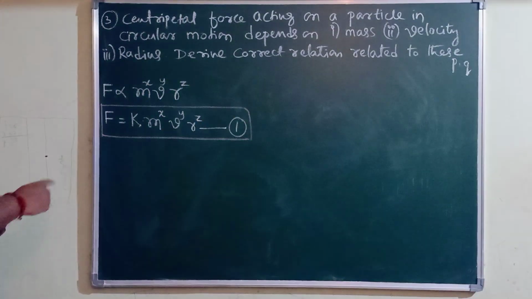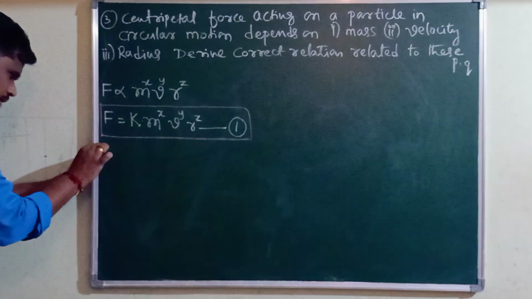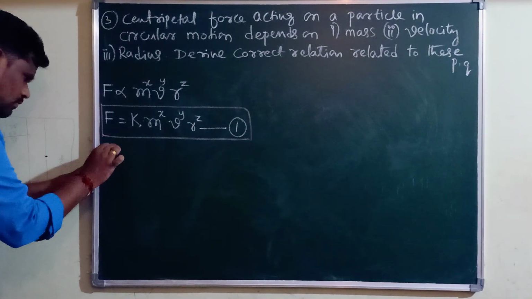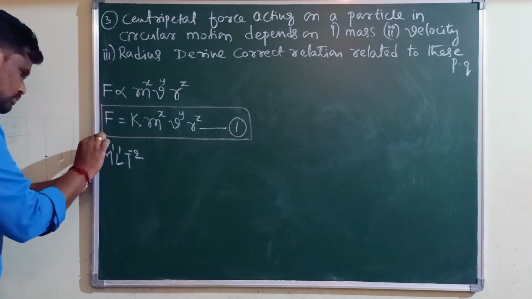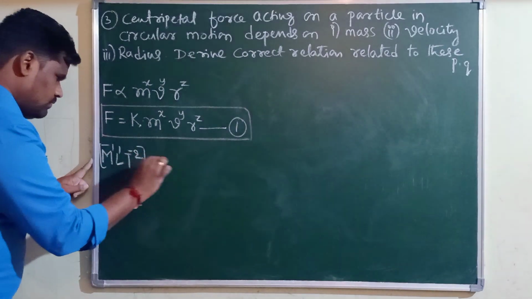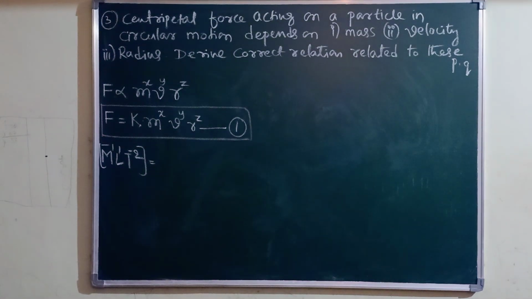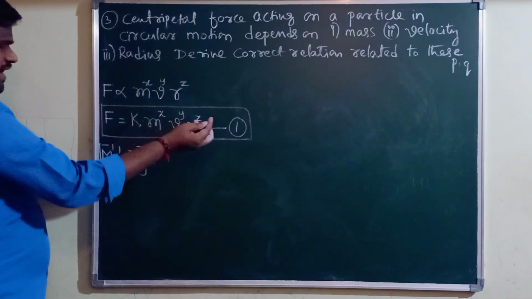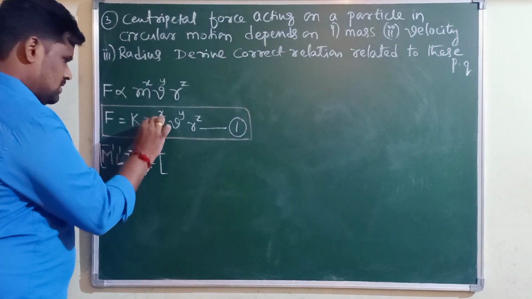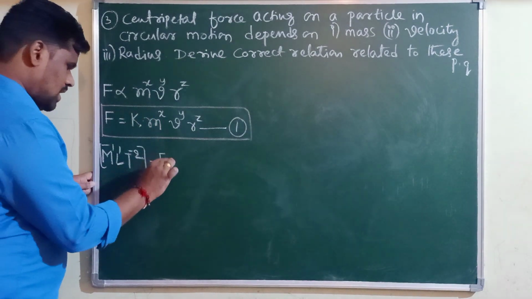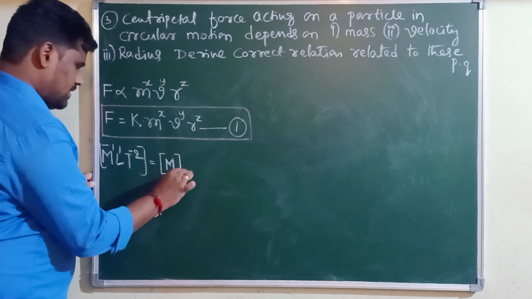Okay, F, what is the dimensional formula for F? M power 1, L power 1, T power minus 2. Okay, which is equal to some constant. K is dimensionless, leave it. M power x, that is mass, to the power x.